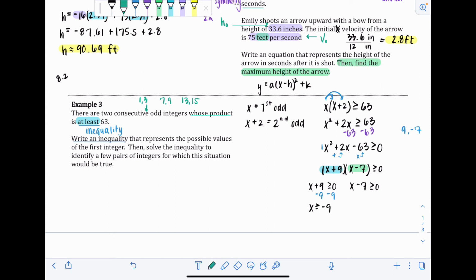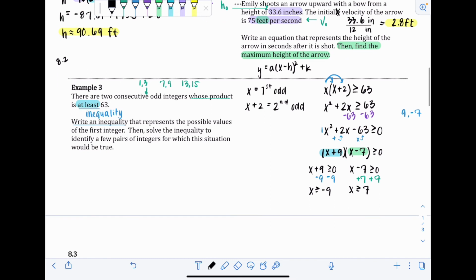And then over here, I would add 7, and then end up with x is greater than or equal to a positive 7. So keep in mind that x represented the first odd, so our pair isn't negative 9 and positive 7. Each of those is just the first odd in our pair.